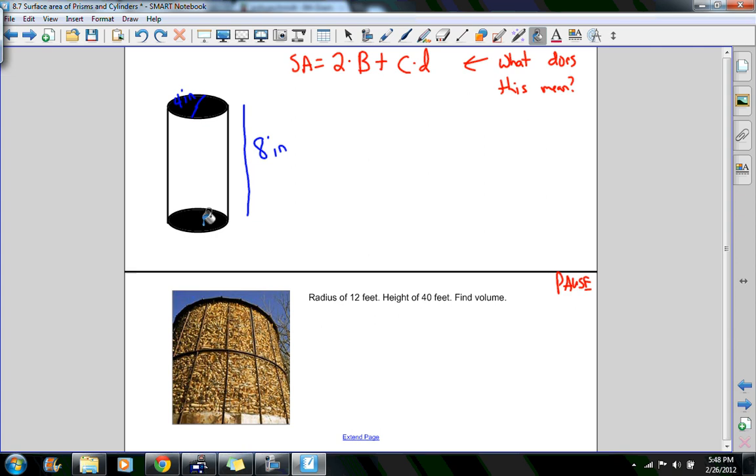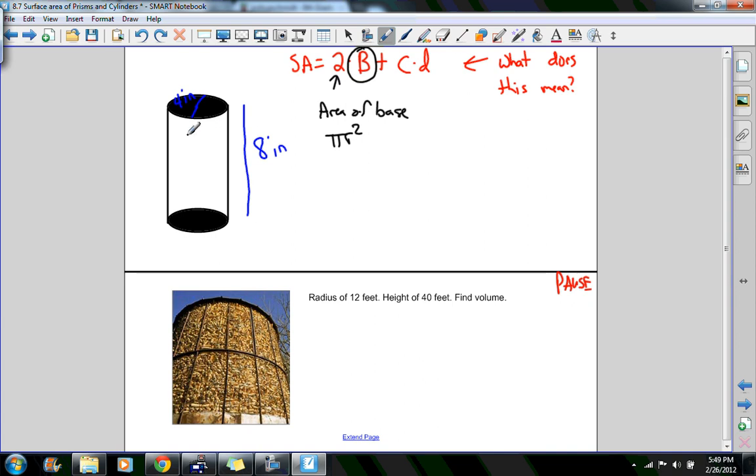First, you have to find the area of those 2 pieces there. And that's pretty easy because that's what this B stands for. That means the area of the base. Well, the area of the base is just pi r squared, just like we had found before. Okay, except now that there's 2 of them, you do 2 times pi r squared.